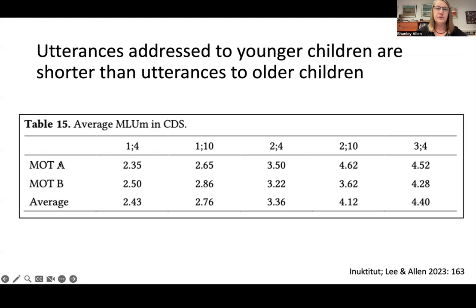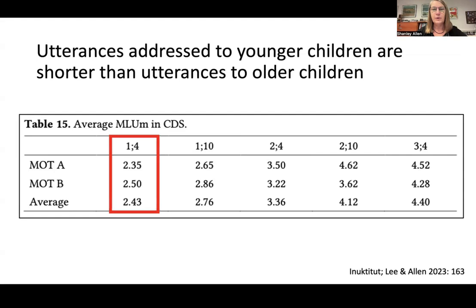And then we have 2 children for each age. They're mostly different children at each age, so I think there's a total of 7 children represented among these 10 data points. So mother A and mother B are not the same mother at each point. They're whatever mother it is. There's 2 mothers.